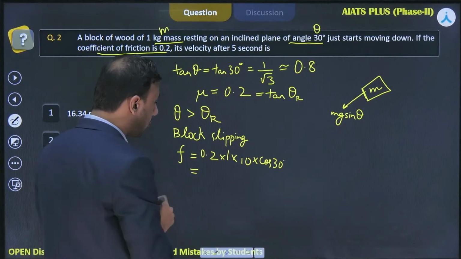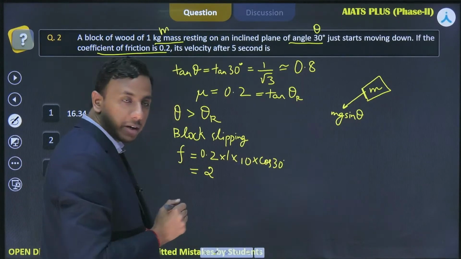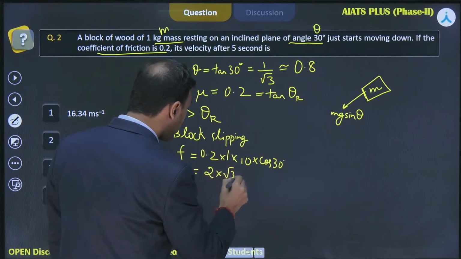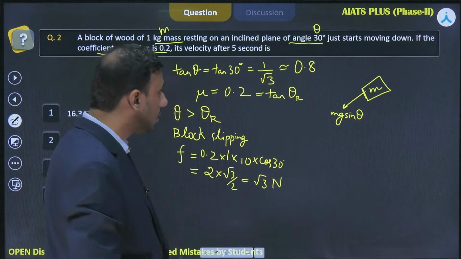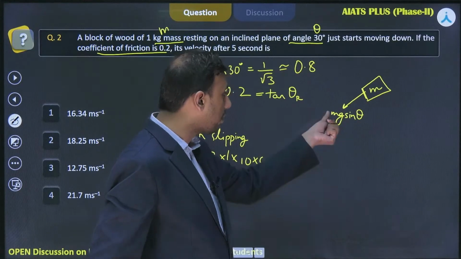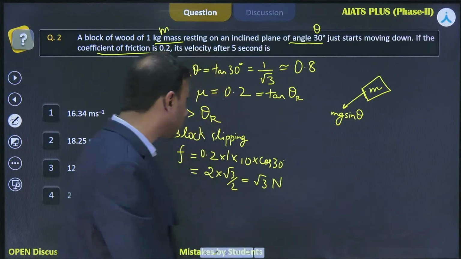So if you want, you can find out what this becomes: 0.2 into 10 into root 3 by 2, that means root 3 Newton. And mg sin 30, 1 into 10 into 1 by 2, this becomes 5 Newton, right?